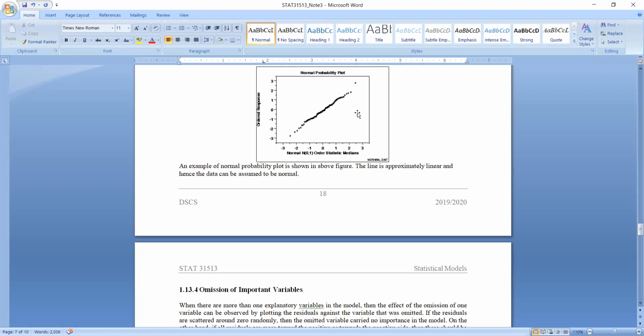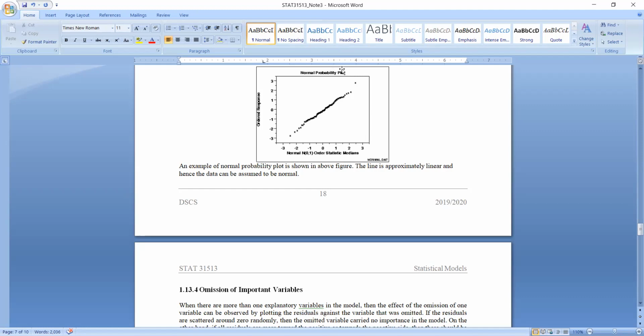So we can come to the conclusion that our errors are normally distributed. But if you can see so many deviations in your observations, then we cannot conclude that the errors are having a normal distribution. That is, that assumption is violating.